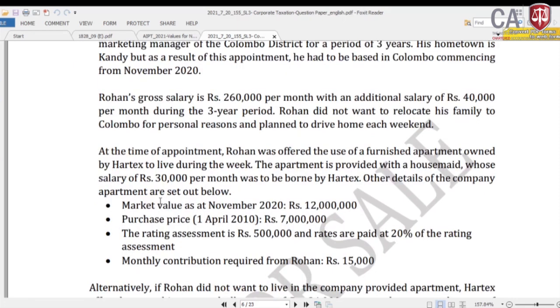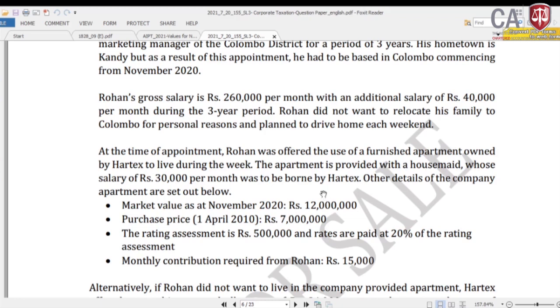At the time of appointment, Rohan was offered the use of a furnished apartment owned by Hertax to live in during the week. Mr. Rohan has been awarded a furnished apartment to live in. The apartment is provided with a housemaid whose salary is Rs. 30,000 per month.